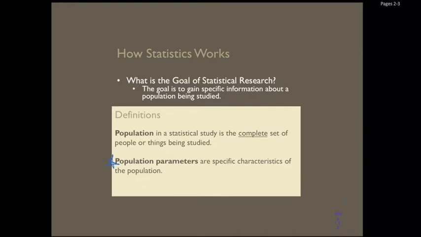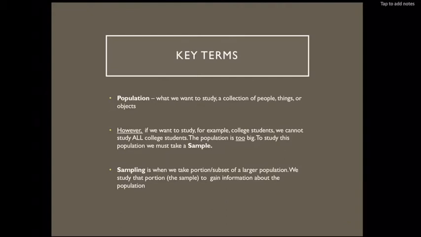So we're conducting a study, and we have our population. That's what we want to study. It doesn't have to be people. It could be all American-made cars in 2020. It could be all of the French fries coming out of a specific McDonald's, right?